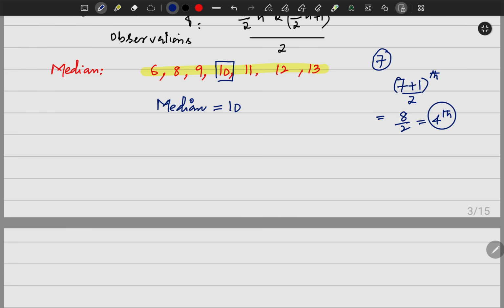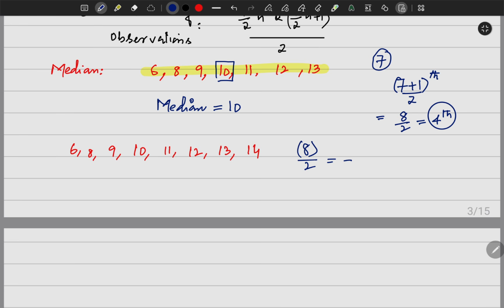So this is the odd number case. For example, I will take another one: 6, 8, 9, 10, 11, 12, 13, 14. Here the number of observations is 8.